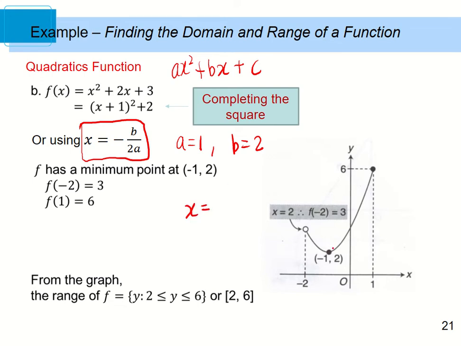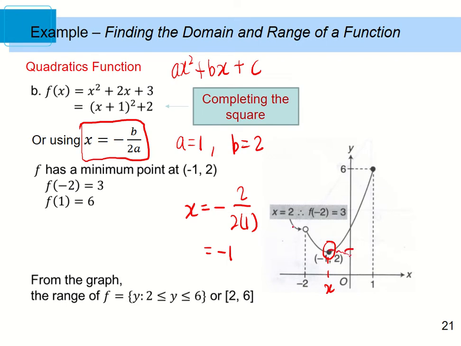So in this case, we can actually find the lowest value. The x will be negative b over 2a. The b is 2, over 2a, which is 2 times 1. Therefore, we get negative 1. So when the x is negative 1, the y has its lowest value.